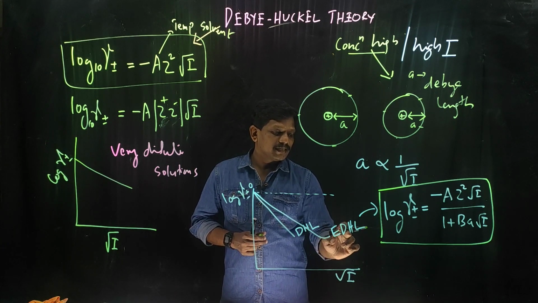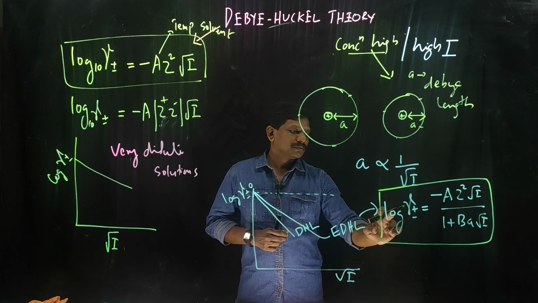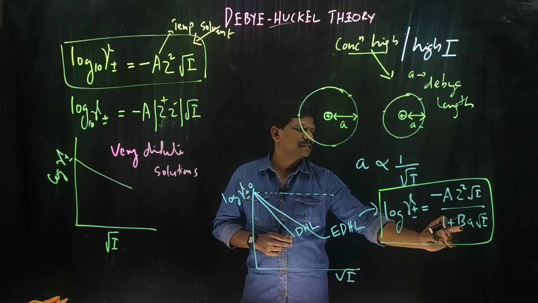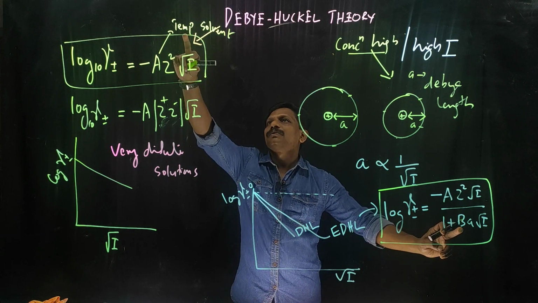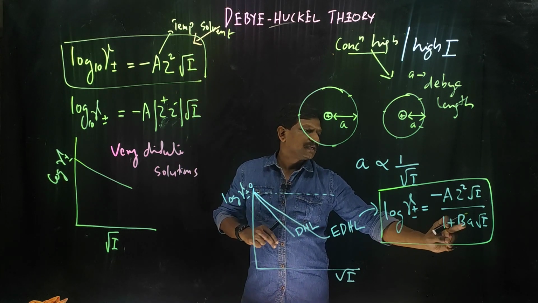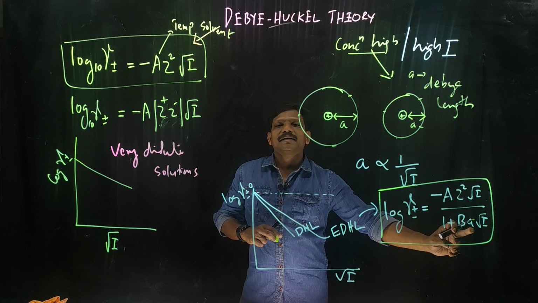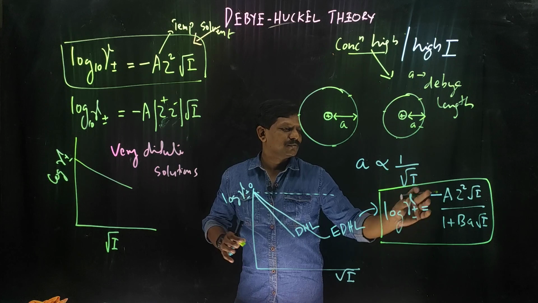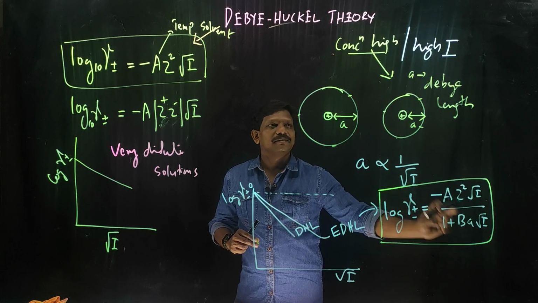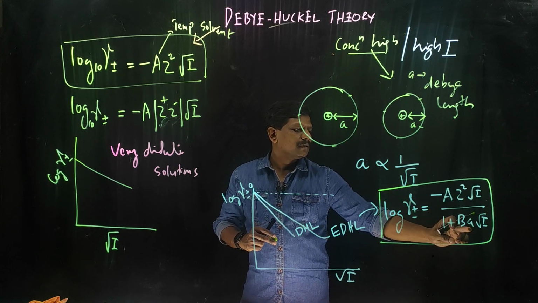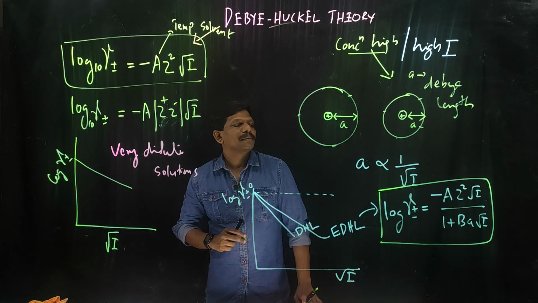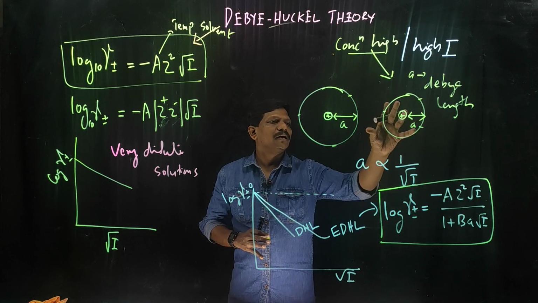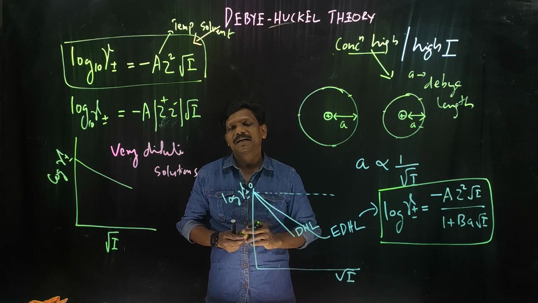Additional parameters coming here: one is B, which is also a temperature and solvent parameter, and another one is a. a is the Debye length, not activity here. Please do not get confused about that. This is called Debye length. Here we have accounted for the Debye length.